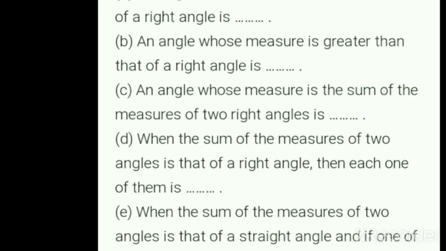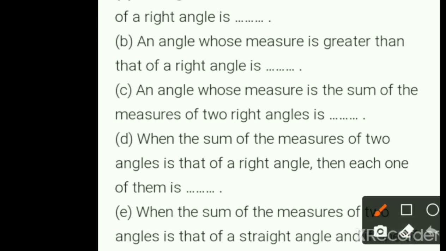Clear? Now next one. When the sum of the measures of two angles is that of a right angle, then each of them is. When you add two angles, if you are getting the answer as a right angle, then each one of them is what angle? Did you understand the question?